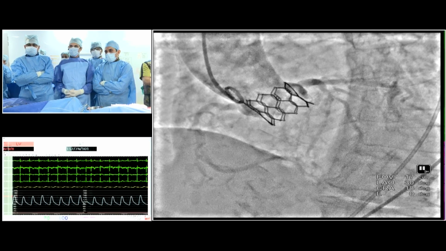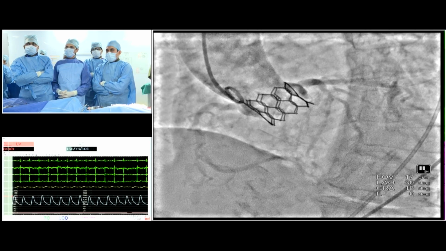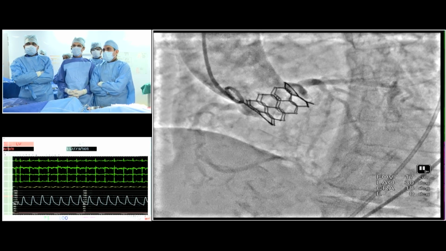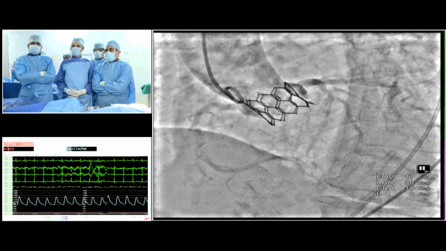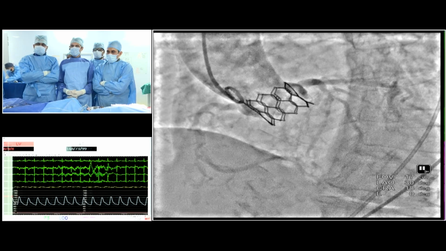Technically speaking, there is more strength and radial force. I don't know if it's going to translate in a clinical case, but the large majority that I have seen so far is direct implantation, no pre-dilatation, in very calcified valves. So I think it's okay.